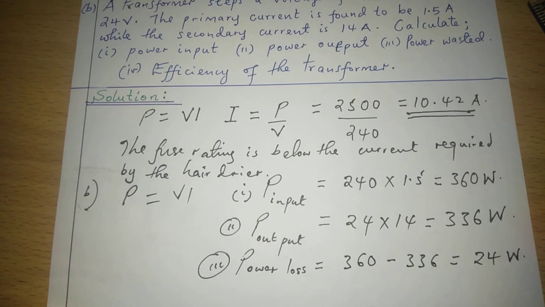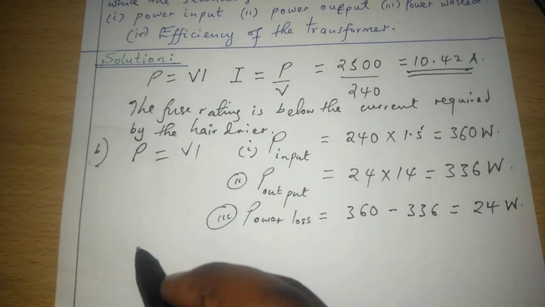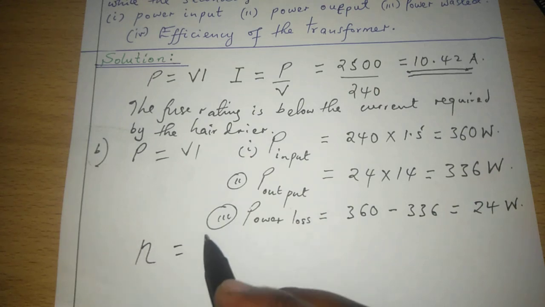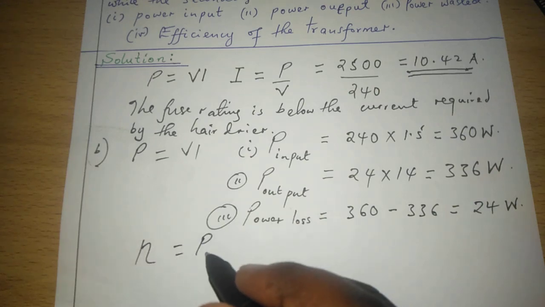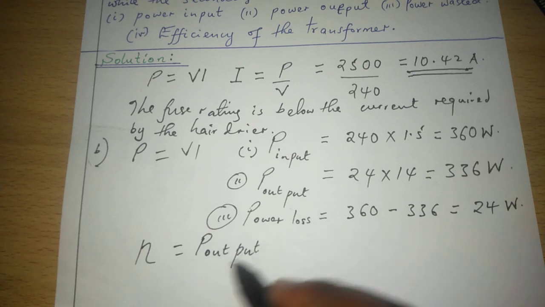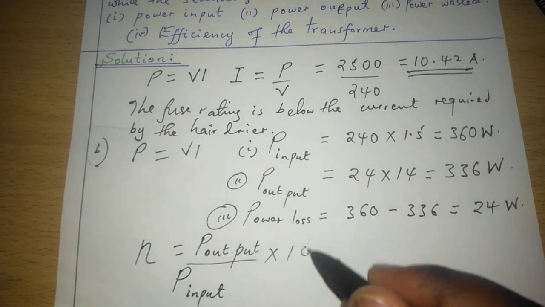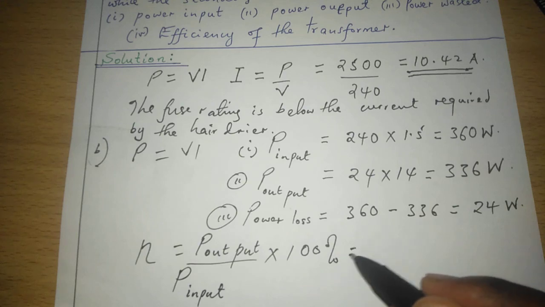Then there is a question on the efficiency of the transformer. We know that efficiency is always given by power output divided by power input, and this is expressed as a percent.